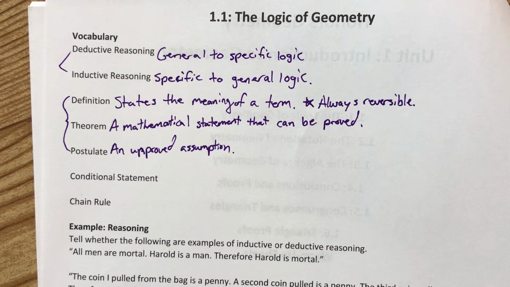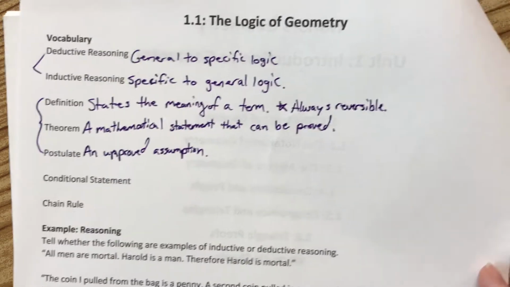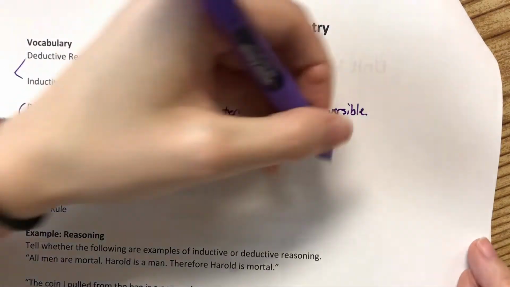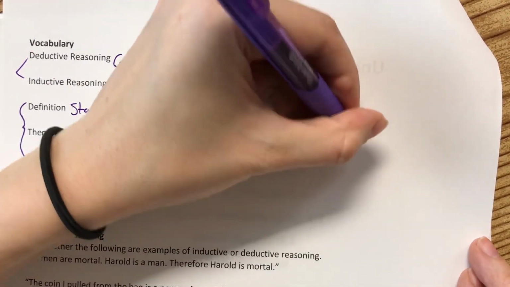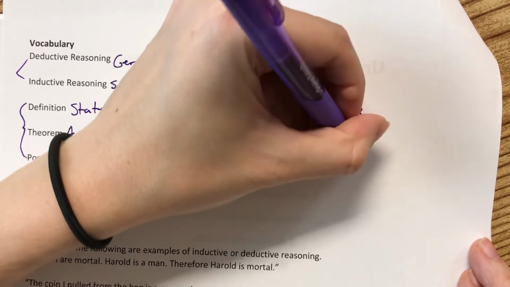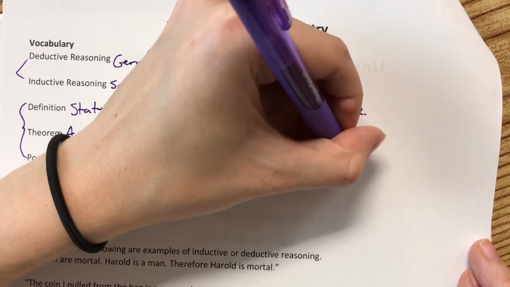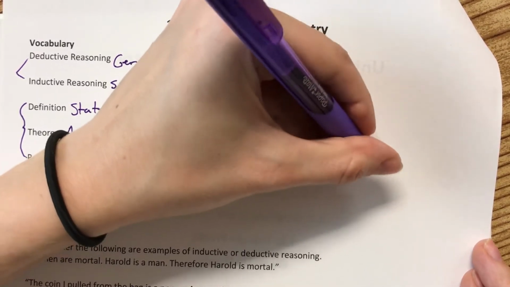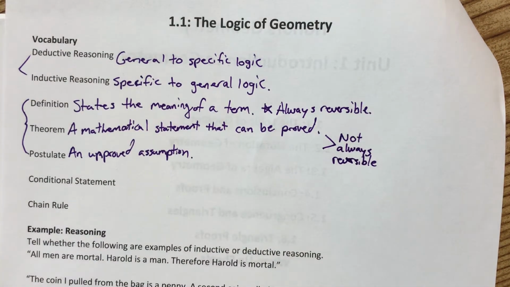So that definition can be reversed and still be true. Theorems and postulates, however, are not always reversible. Sometimes they are, but sometimes they're not. If I say, if it rains, I will wear a raincoat, that is a statement that works forward.